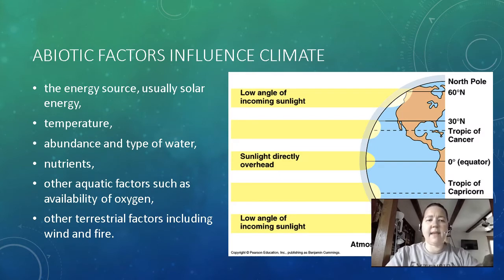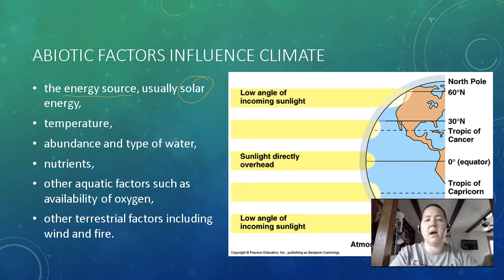So like I said, a lot of abiotic factors actually influence climate. So these are the big abiotic factors. Okay, so here are the big ones. So energy source, and for most environments, it's usually the sun. There are some environments where it's based on chemicals.